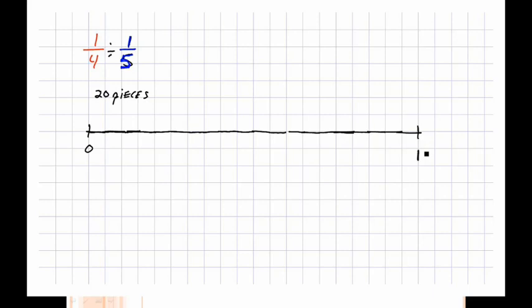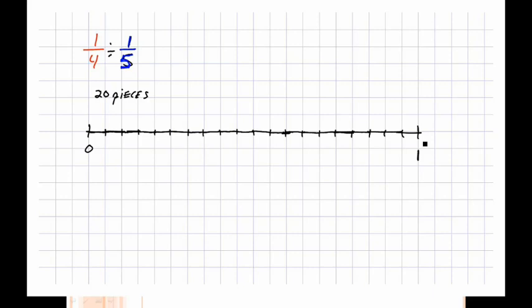And we end at 1. And we have 1, 2, 3, 4, 5, 6, 7, 8, 9, 10, 11, 12, 13, 14, 15, 16, 17, 18, 19, and then 20 segments.